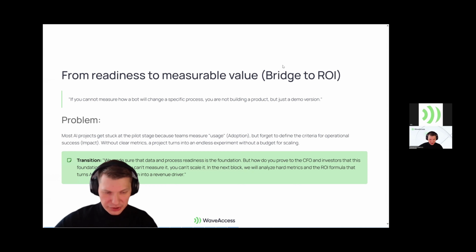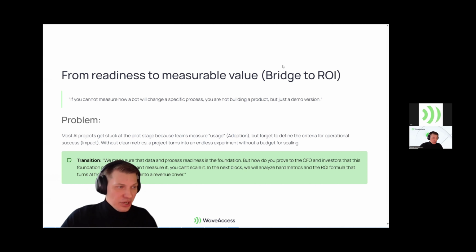And you cannot just start a good project without return on investment. Most AI projects get stuck in the pilot stage because after implementing the pilot, top management don't understand what the benefit is, except that it's a good technology, a possible future, maybe a possible business value.